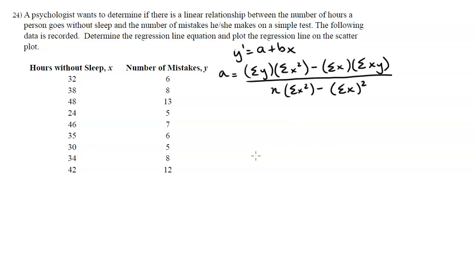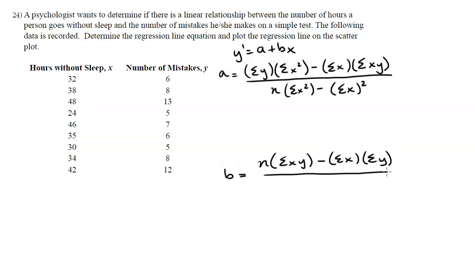It's a lot, right? And b is n times the sum of xy minus the sum of x times the sum of y, over n times the sum of x squared minus the sum of x squared. Denominators are the same.